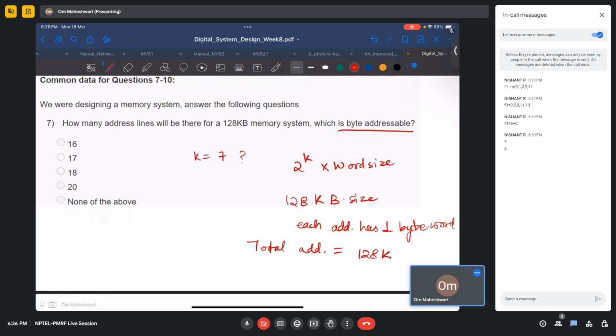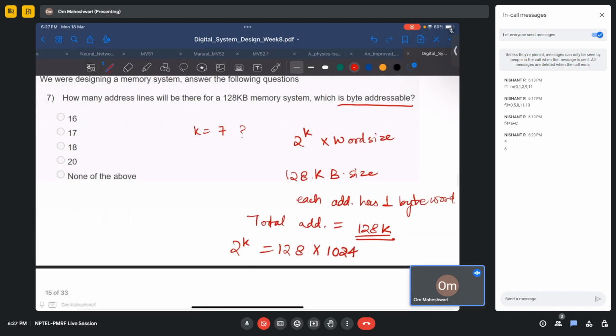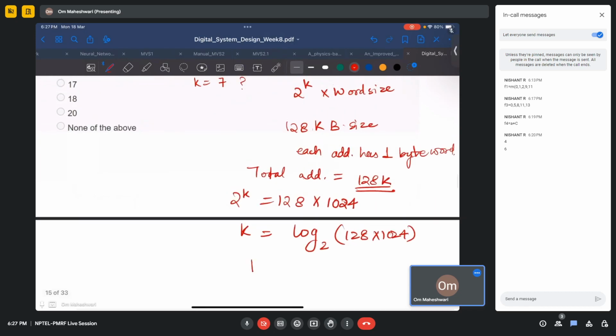So 2 to the power K equals 128K. We can write it as 128 into 1024. So this is 7. So K equals log 2 of 128 into 1024. K equals 7 plus 10, 17.